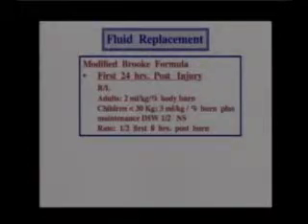Children under 30 kilograms, 3 milliliters per kilogram per percent of burn, plus a maintenance of D5.5 normal saline. And notice that the rate is half of the first day's fluids in the first 8 hours after the burn episode.